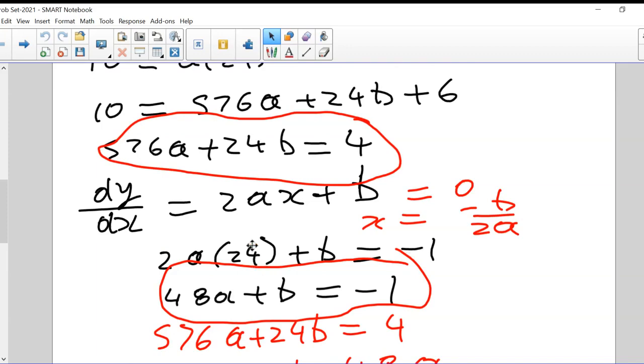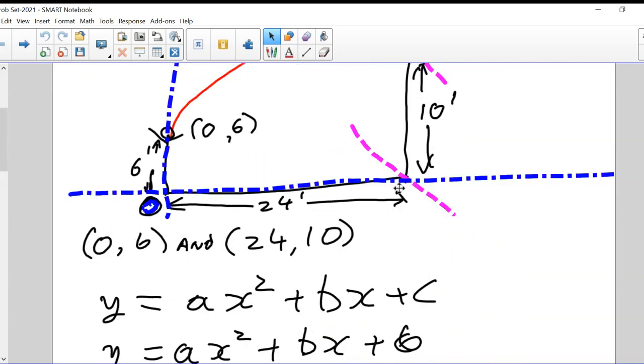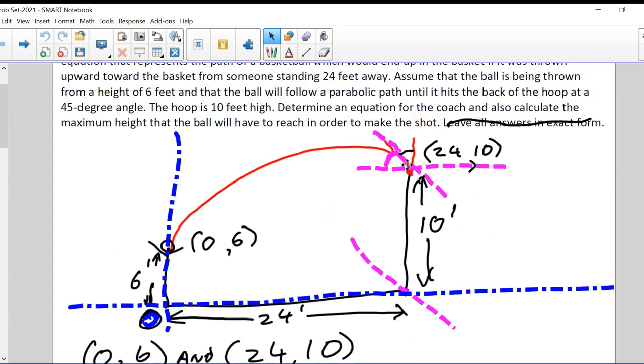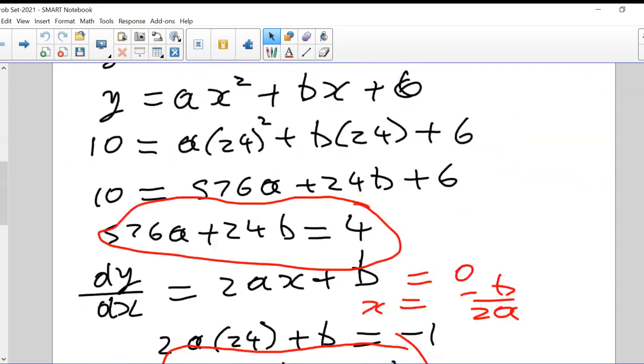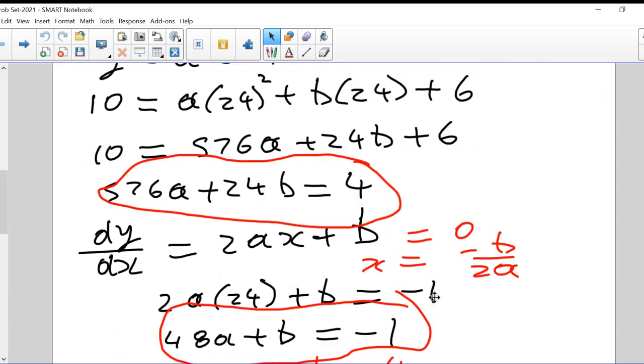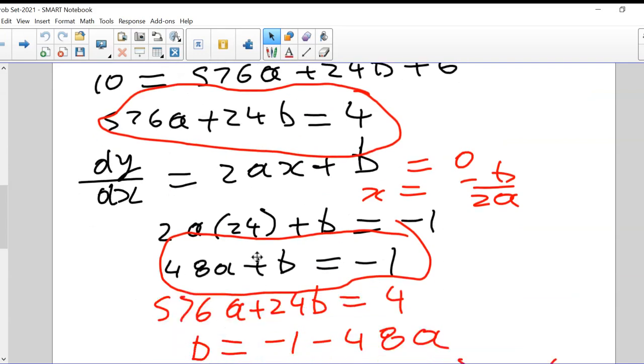At the 24 mark, at that coordinate (24, 10), at exactly that point on the graph, we want a slope of minus 1. What gives us slope? It's the derivative. So we set the derivative, 2ax plus b, equal to minus 1. That gives us a second equation when we put 24 into it, which is 48a plus b is equal to minus 1.